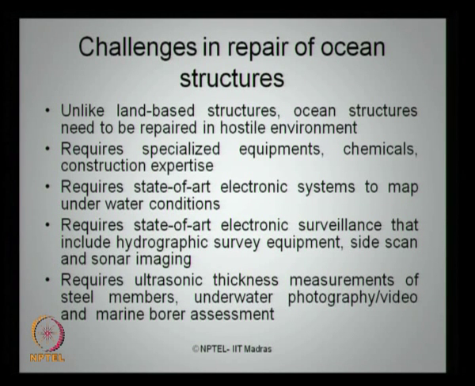Therefore, underwater videography, photography and marine borer assessment technologies are very commonly deployed when you want to think about repair of ocean structural systems. Therefore, ladies and gentlemen, even attempting to repair an ocean structure is a complex task. It is not as easy and simple as it is for land based structural systems.